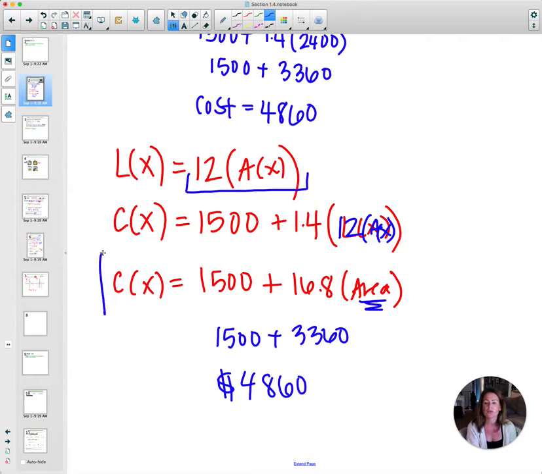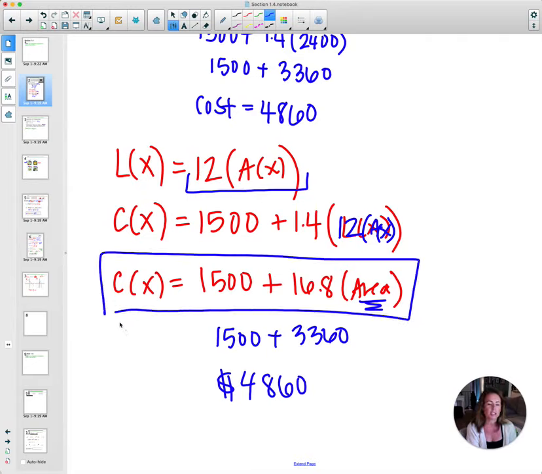You can just use this equation, 16.8 times the area of the deck plus 1,500. That's the idea of composition and creating a new function: it can be a time saver.